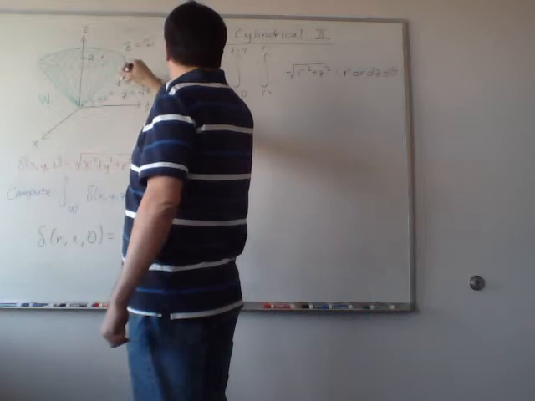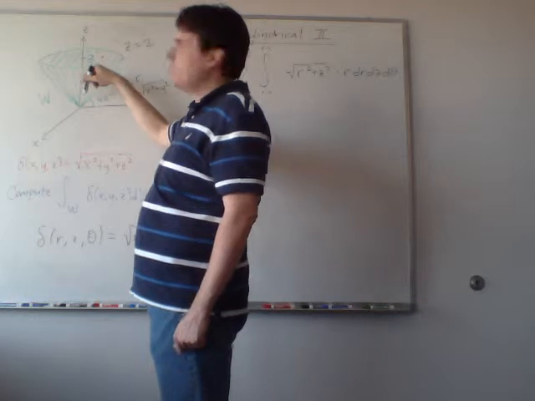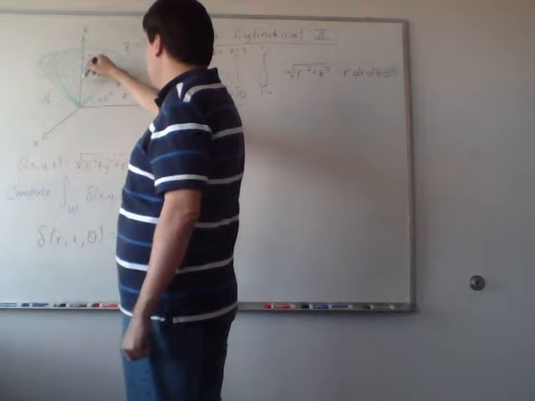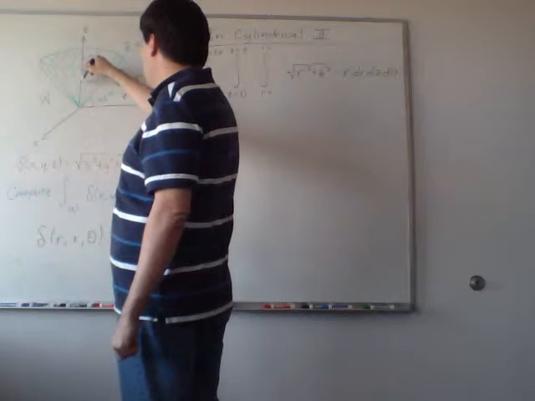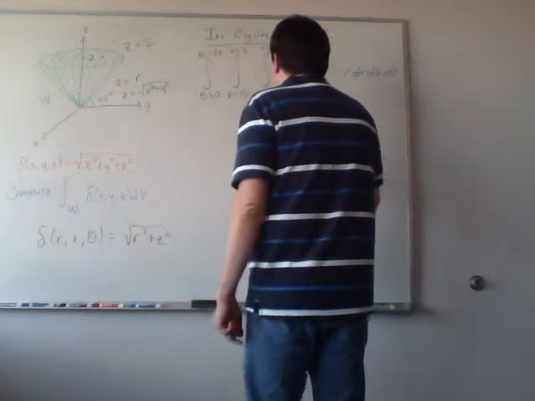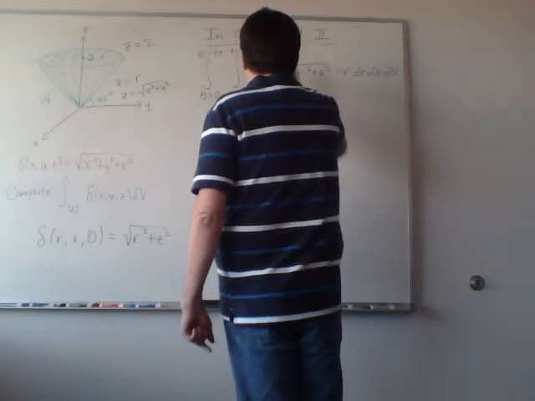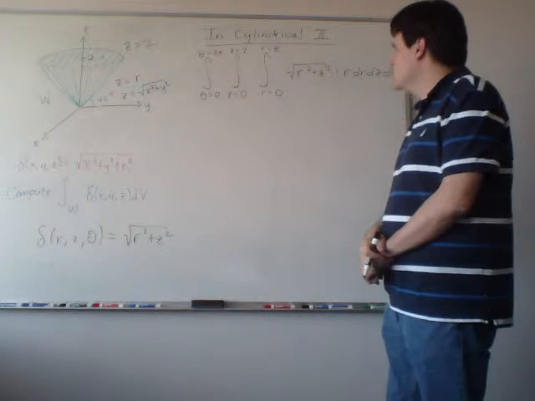That's good. When z is 0, r goes from 0 to pretty much nowhere. R goes from 0 to 0. And if z is equal to 1, then I think my radius is going to go from 0 to 1. So I feel like it's a pretty good guess that r is going from 0 to whatever z is.